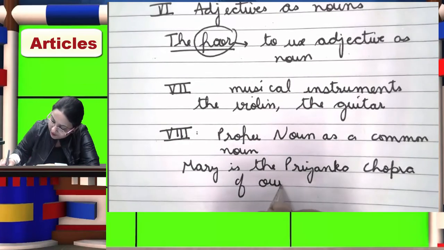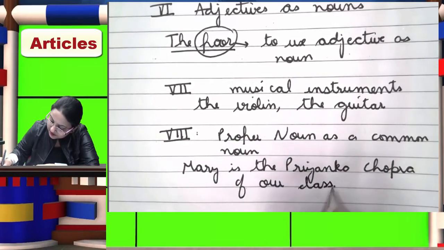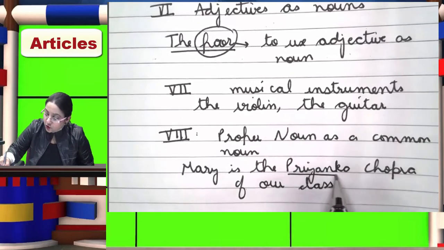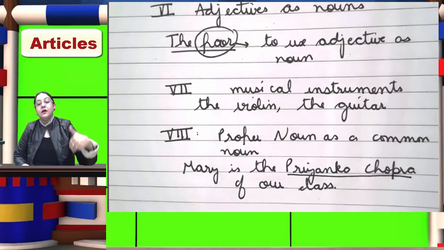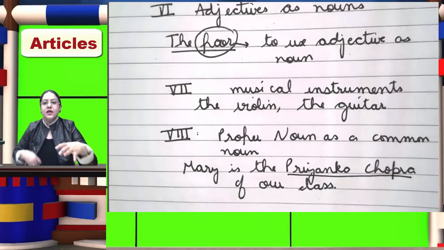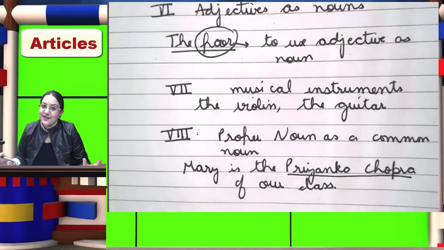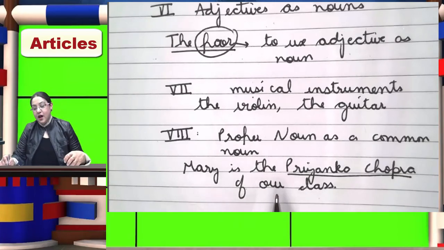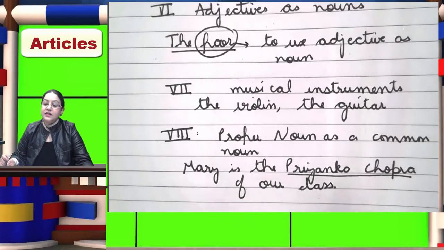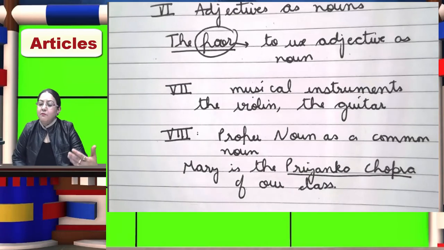Priyanka Chopra is actually a proper noun, but here the name represents all those girls who look like heroines. So that is why, although this is a rare case, a proper noun changes to a common noun. One more example I would like to give you.